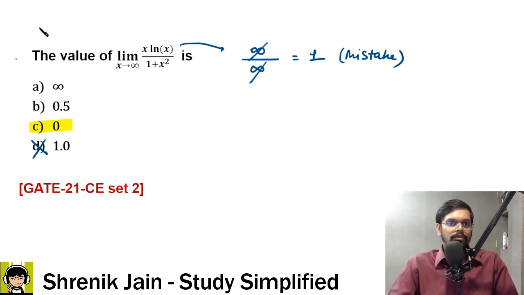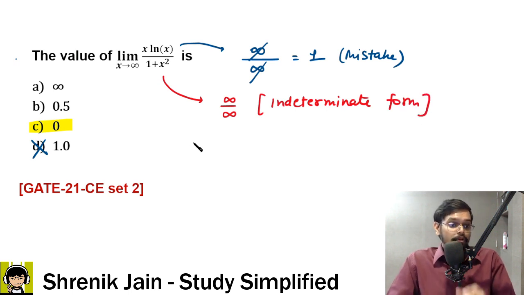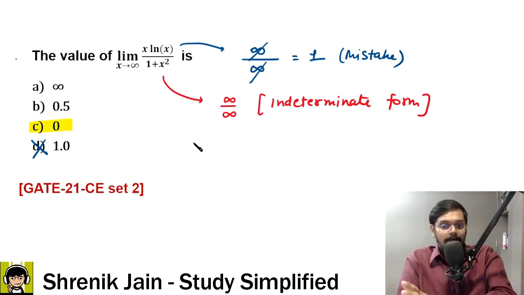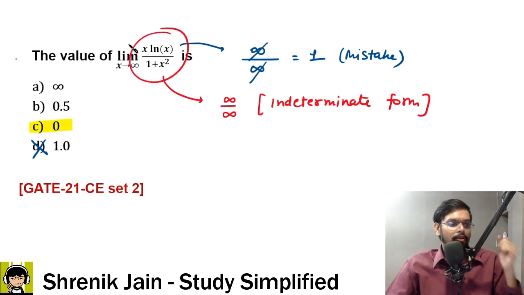Now coming to the right solution. Since you are getting infinity by infinity, it is indeterminate form. So if it is indeterminate form, we have to say L'Hopital can be applied when you have 0 by 0 or infinity by infinity. So now we have infinity by infinity, so we can apply L'Hopital.